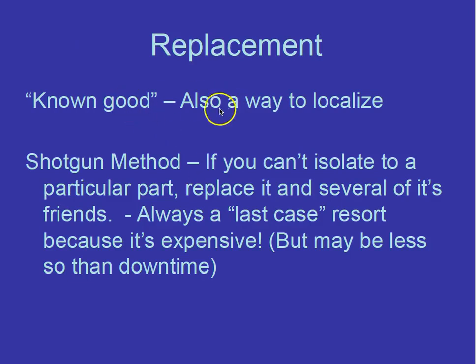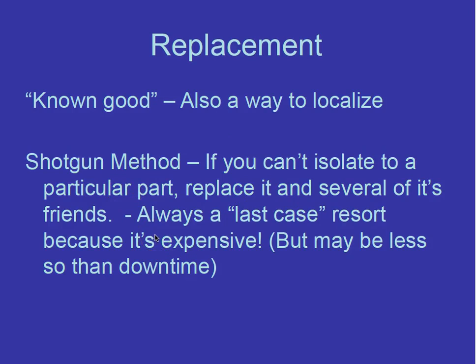Replacement, known good, is also a way to localize. It's called the shotgun method: if you can't isolate a particular part, replace it and several of its friends. That means if you are not able to find that particular part, then replace any parts closest to it, and you have to check through the data sheet that the ratings are matching.